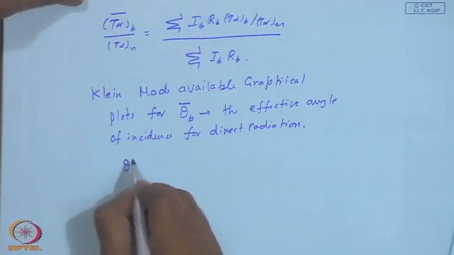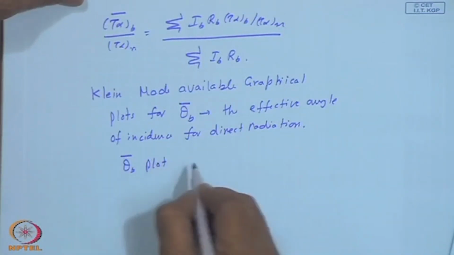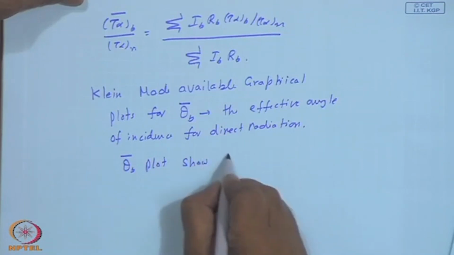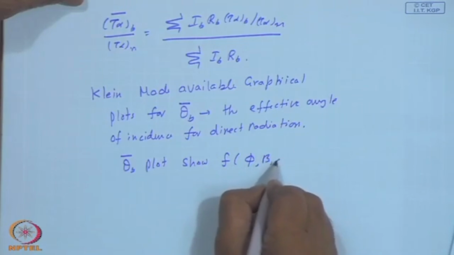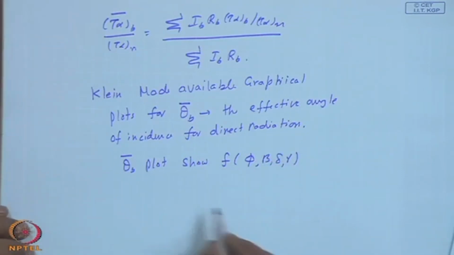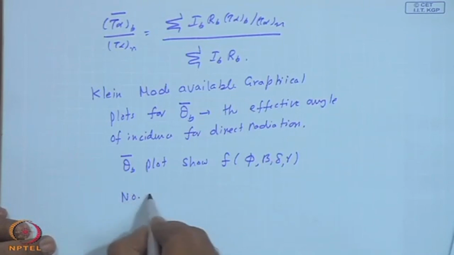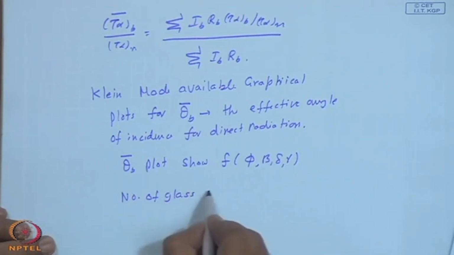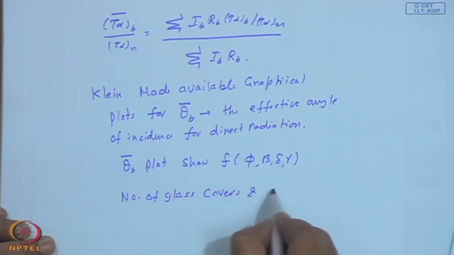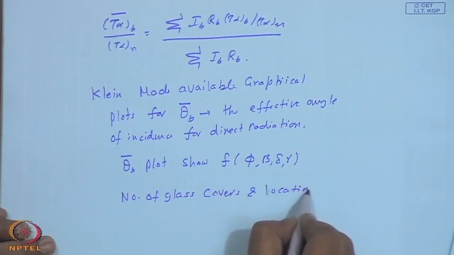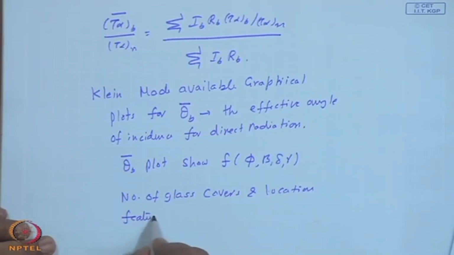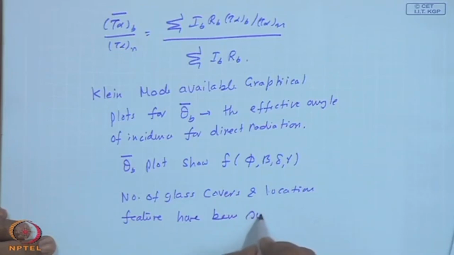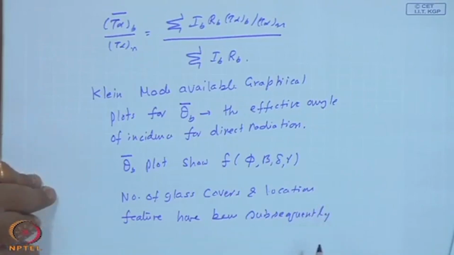And these theta b bar plots show the function of beta, delta and gamma, number of glass covers, and location features, which have been subsequently examined.